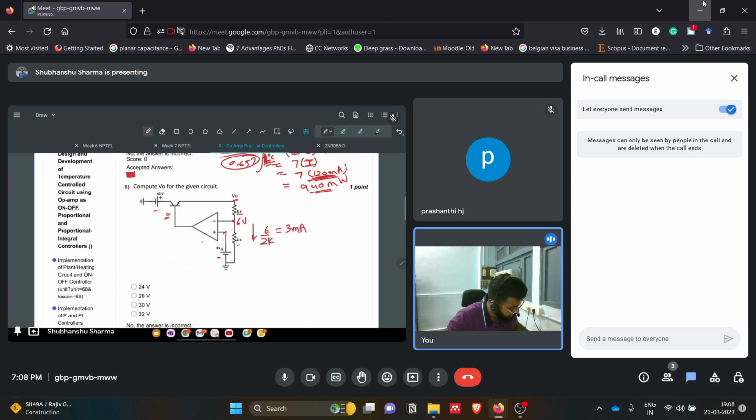Since that current cannot go through this, it will be coming from this side, so this will be again 3 milliamperes. So if we use V naught, oh wait, we are supplying current from here.